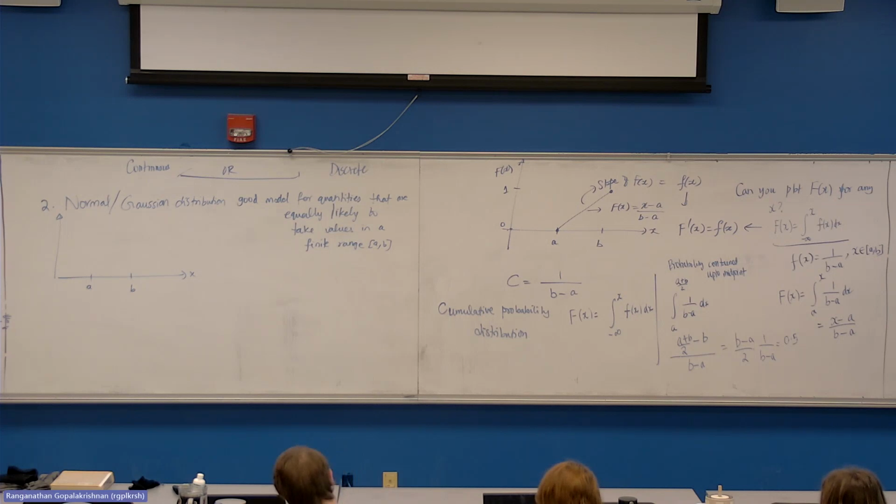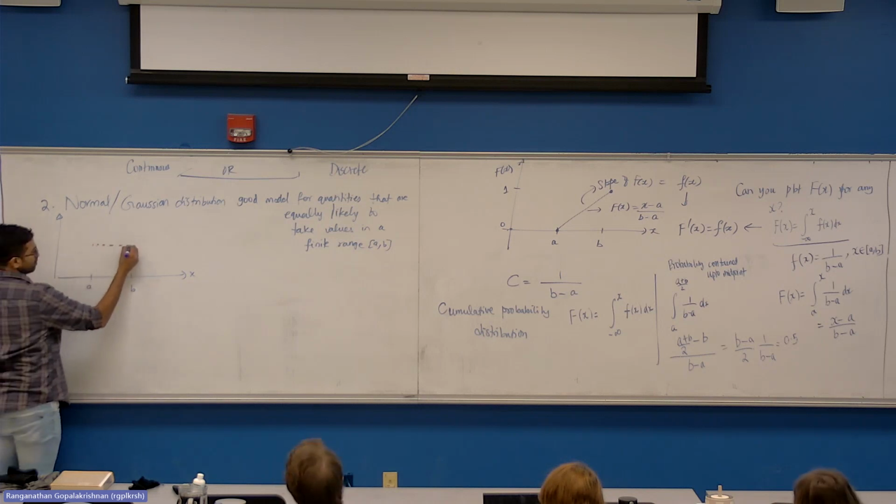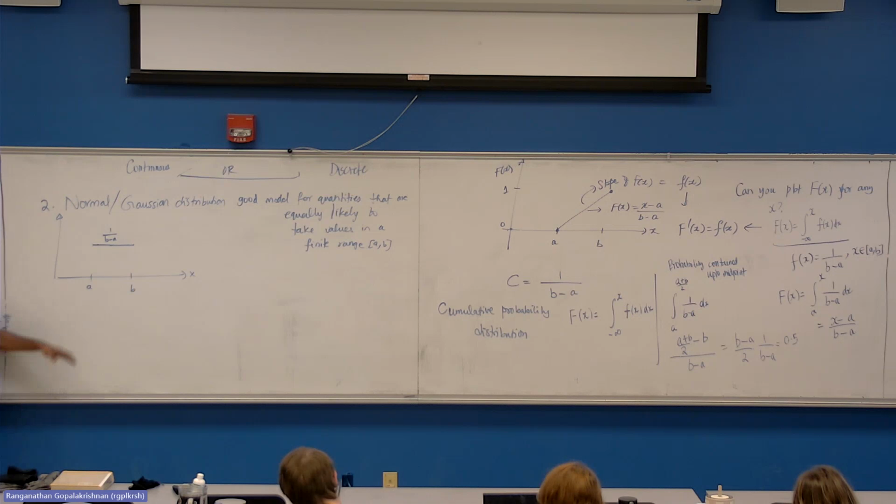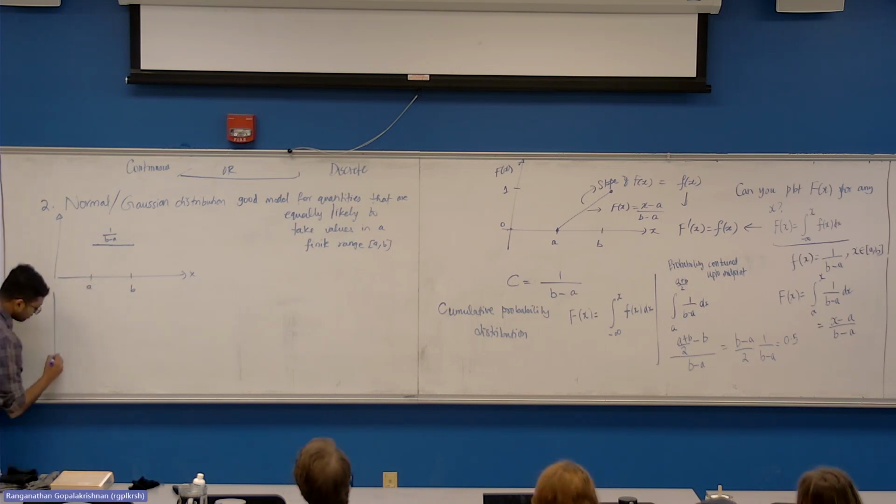If you have to say one thing about it, it's flat. The word is uniform, right? It's uniform in a given interval. Or if you interpret it, it's like saying all the values have the same chance of occurring. The normal distribution is unlike that.